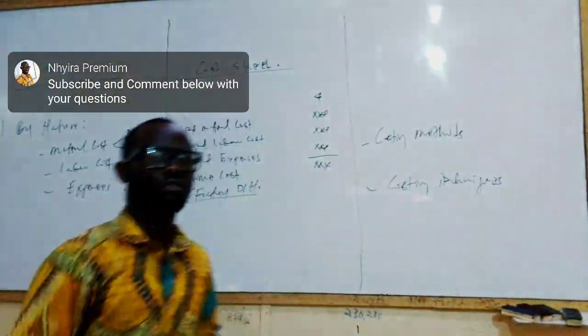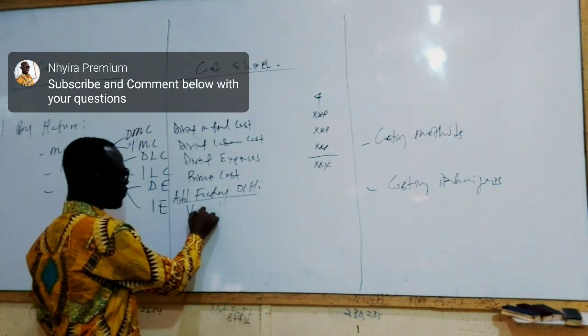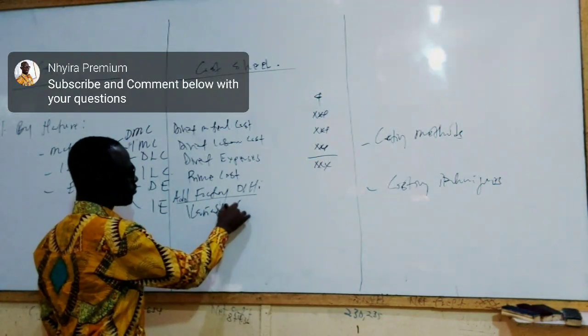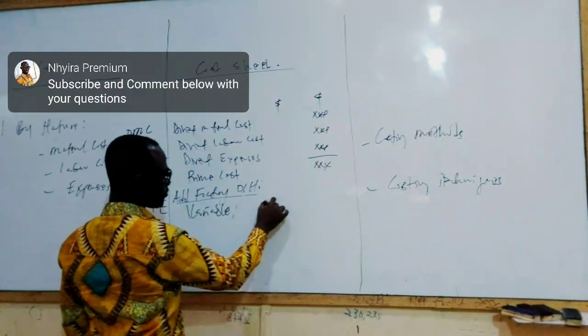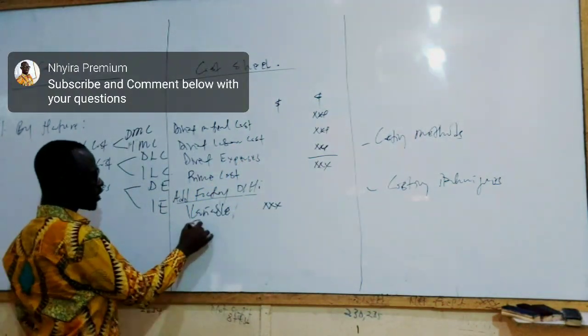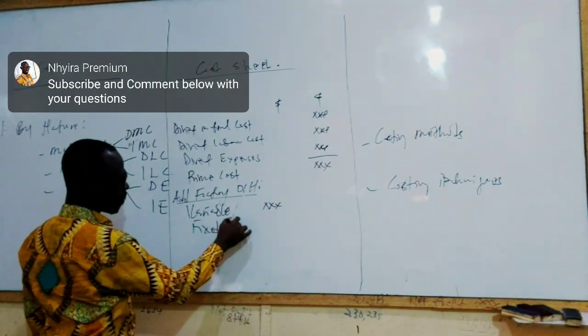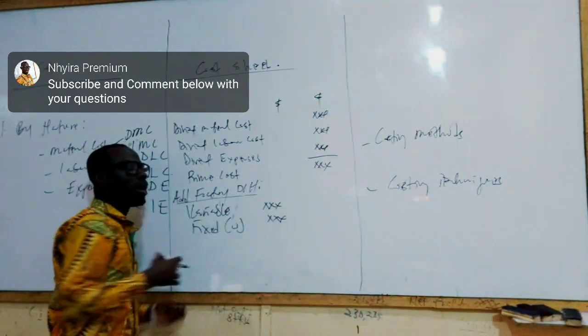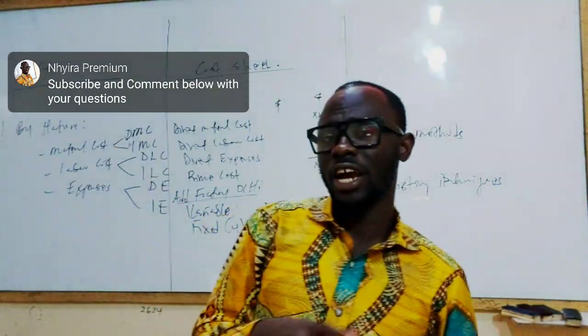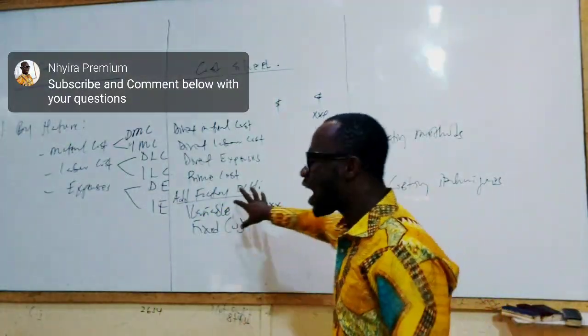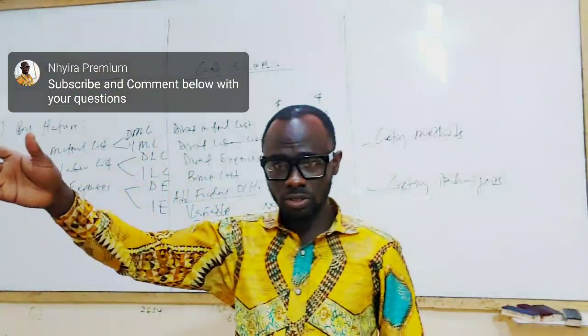fixed factory overheads. So variable factory overheads, so let me do two cash columns here, and then the fixed factory overheads. Now, one thing that is going to happen is that whilst you are preparing the cost sheet, the overheads would have to be absorbed.